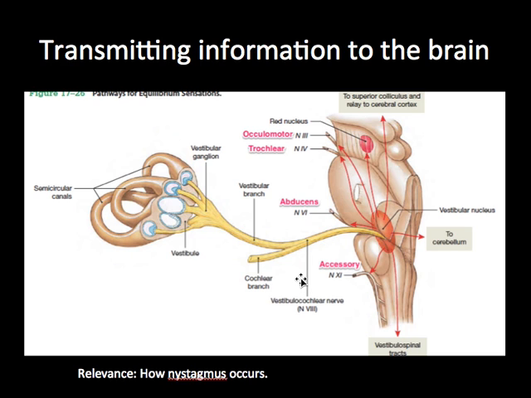And they have a few functions, but to keep to the topic, what is quite interesting and important to know is that this thing called nystagmus can occur. Nystagmus is a particular problem that can occur when things go wrong with this particular system.